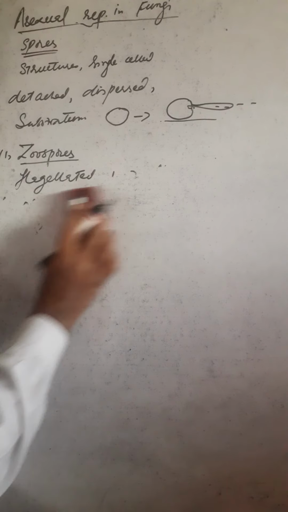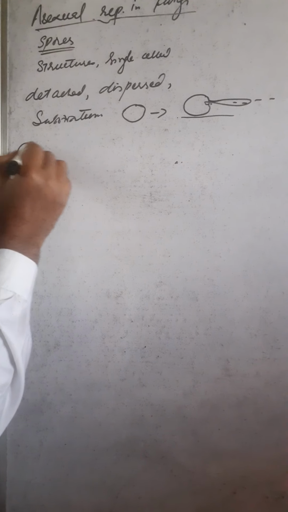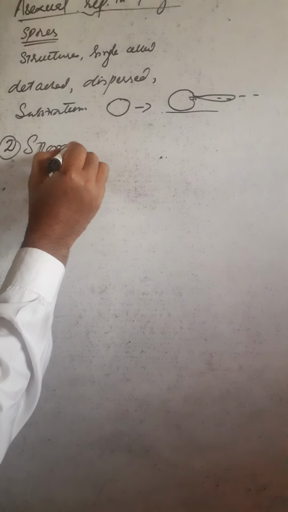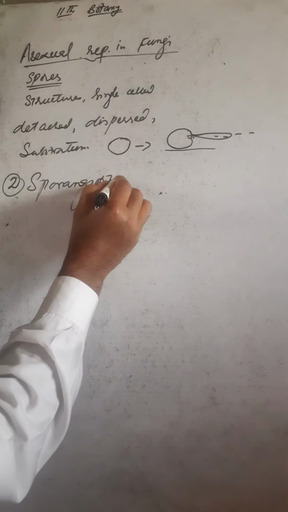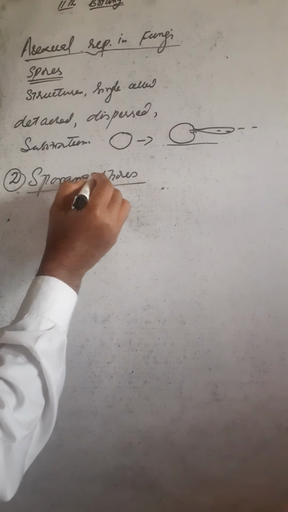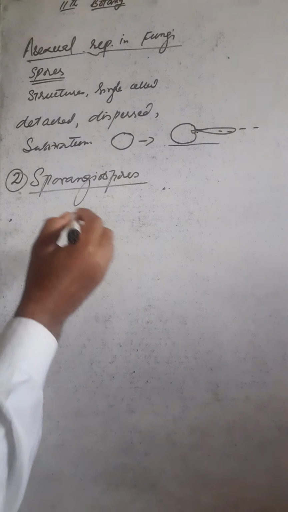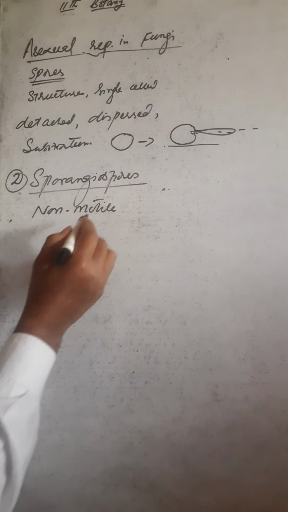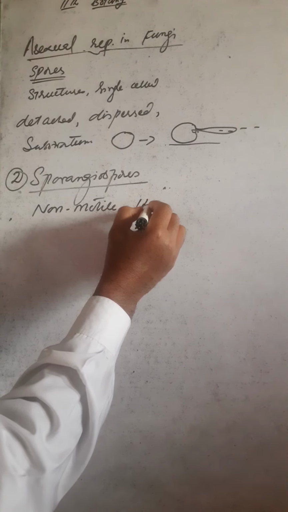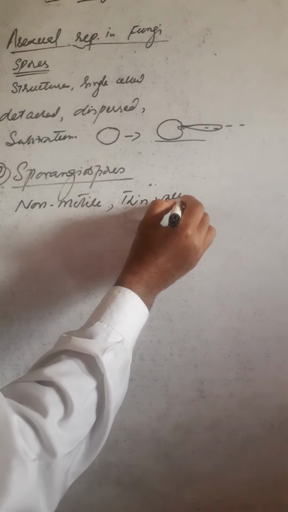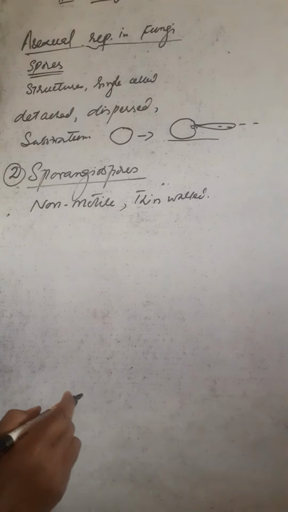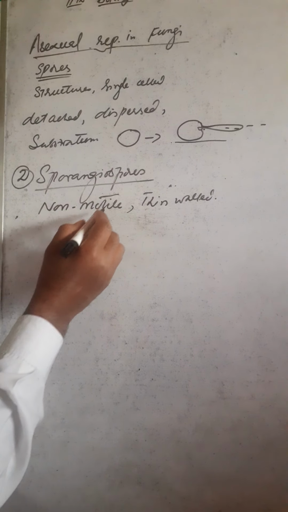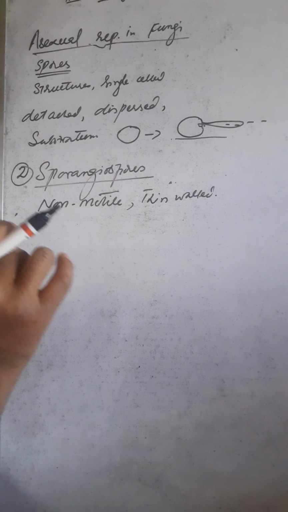Second is the sporangiospores. Sporangiospores are non-motile, they don't have the flagella, and are thin-walled spores. They are produced endogenously.